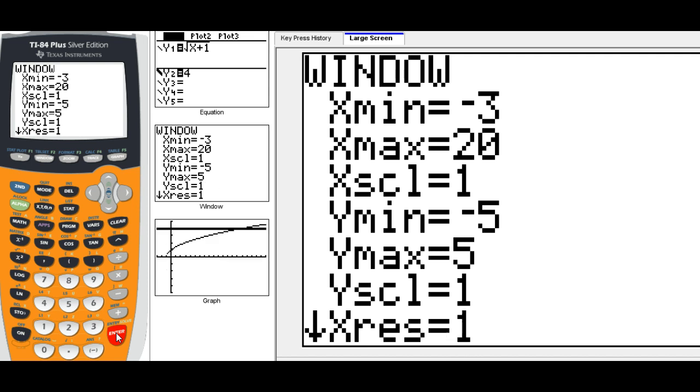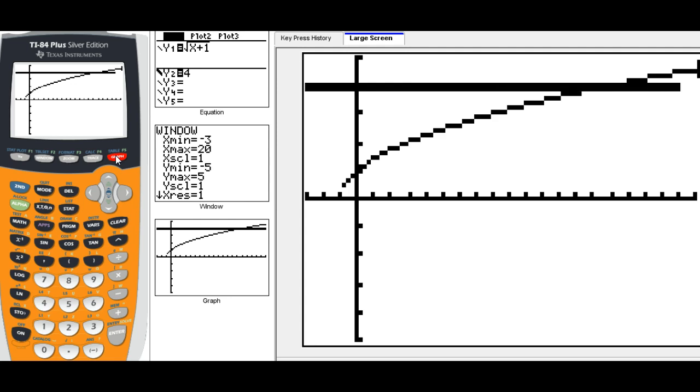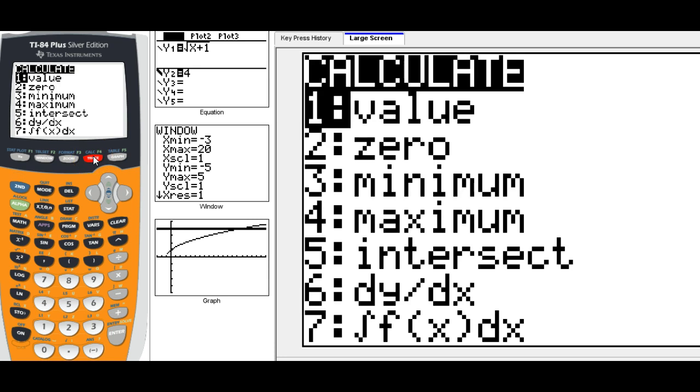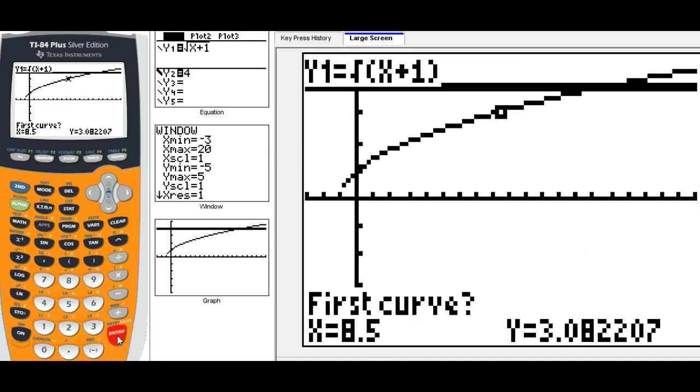Now if we press graph, there is the left side, square root of x plus 1. Here's the right side, y equals 4. Follow along, go second, calculate, down to number 5, which says intersect, and follow the on-screen prompts. What is the first curve?